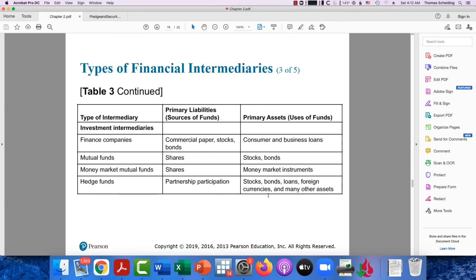Then you've got finance companies, mutual funds, money market funds, hedge funds. Mutual funds are probably the ones that you and I would be most aware of. Mutual funds are not like ETFs, exchange traded funds. Mutual funds are basically actively managed, meaning that someone says, let's say I'm going to start a tech innovation mutual fund.